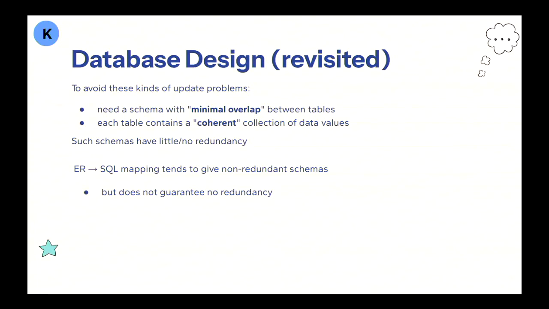The first one is the relational style, which is to create a separate table for each subclass and use foreign keys to link the data between the subclass and its parent class. That's the first style, and this one will normally give us no redundancy.